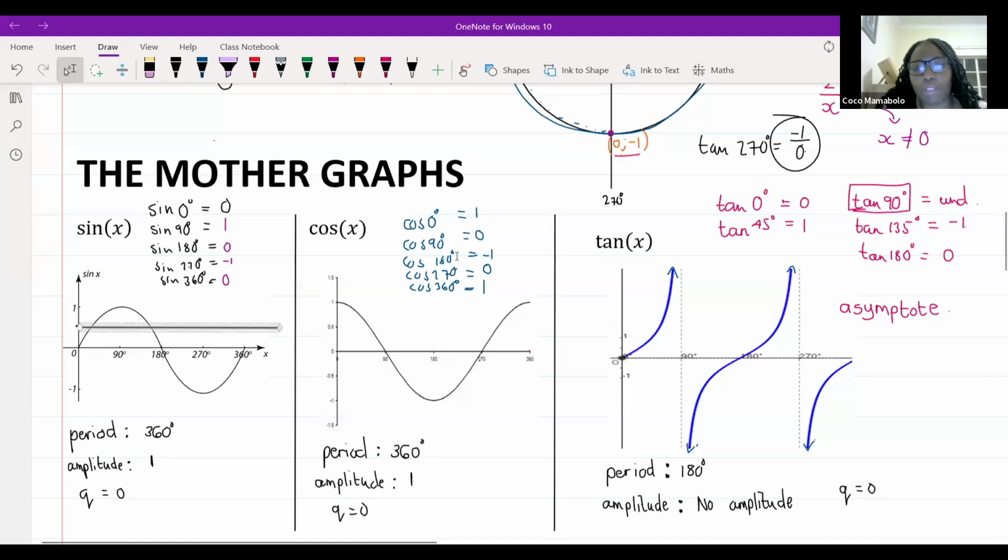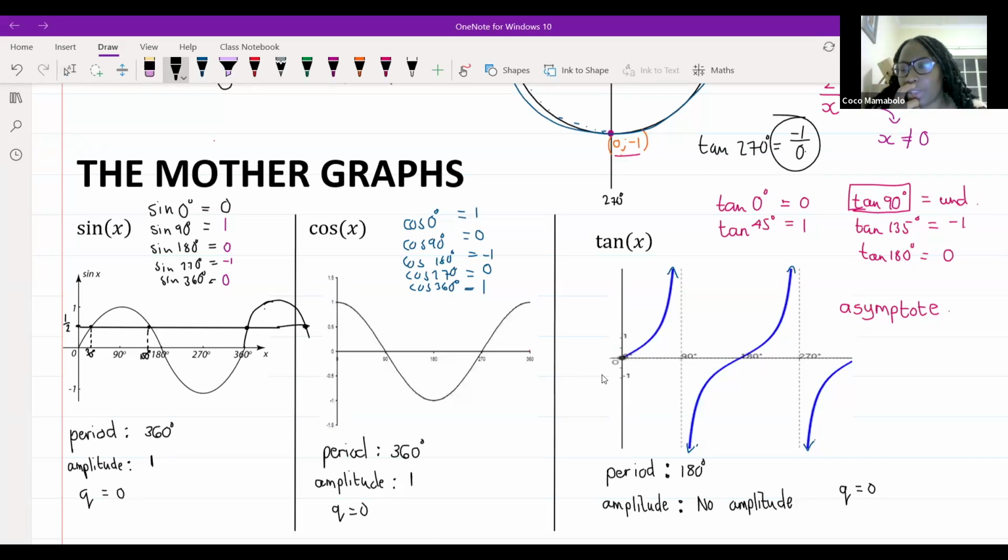And if my graph kept going, I would cut again there. And then it would come back down and I would cut again there. Now, this point over here at the 0.5, that point over there is at 30 degrees. And that point over there is at 150 degrees.